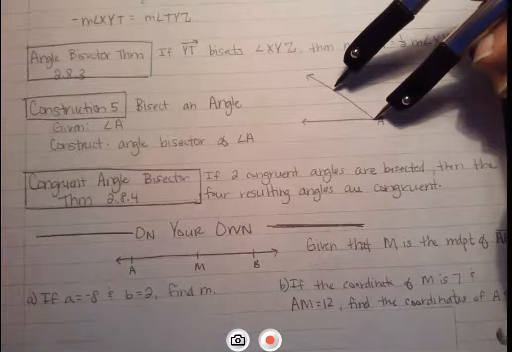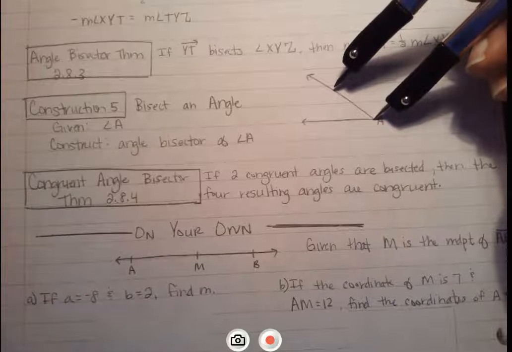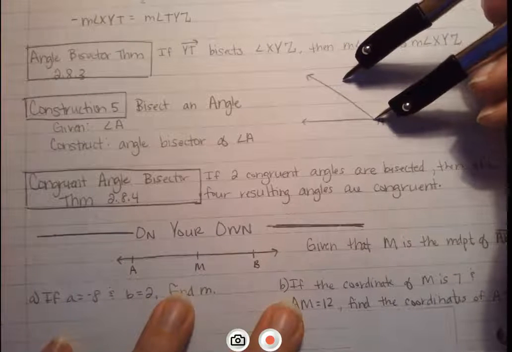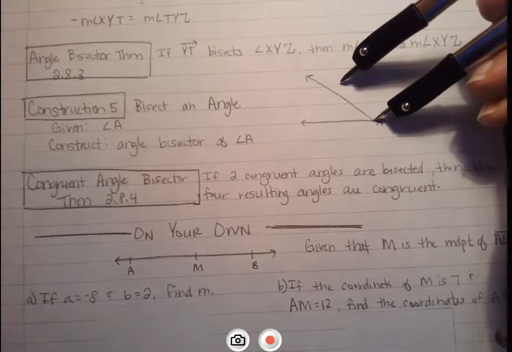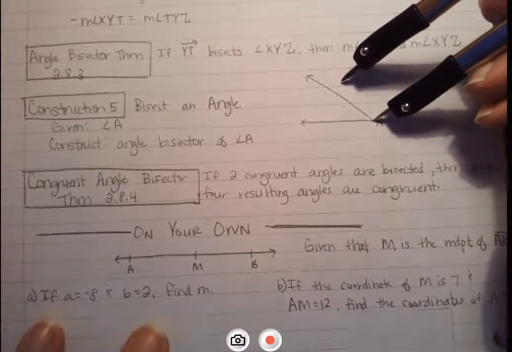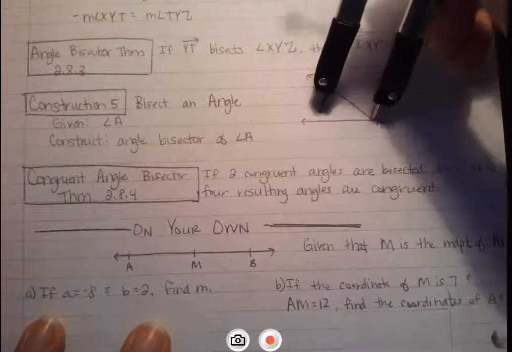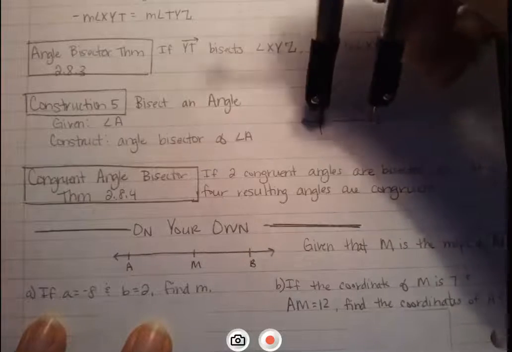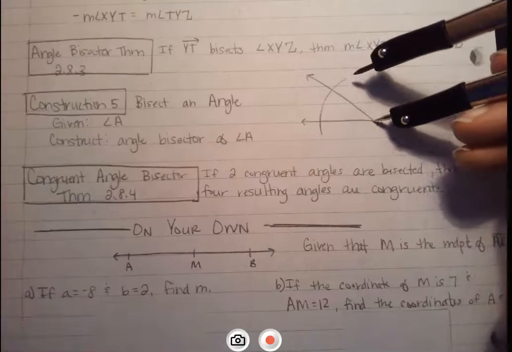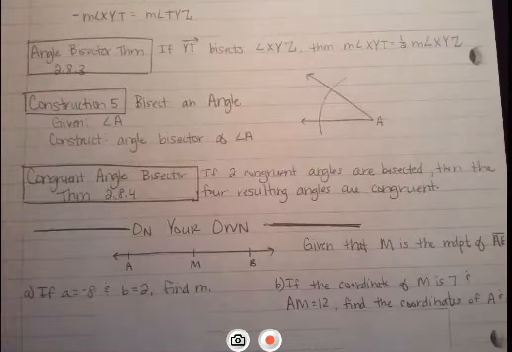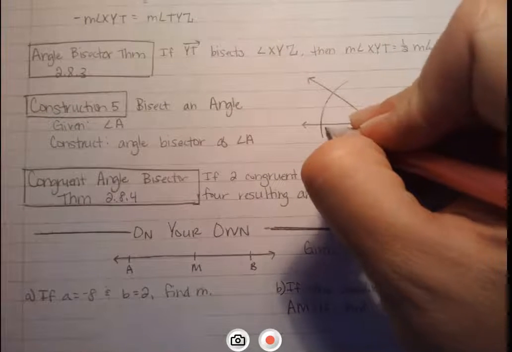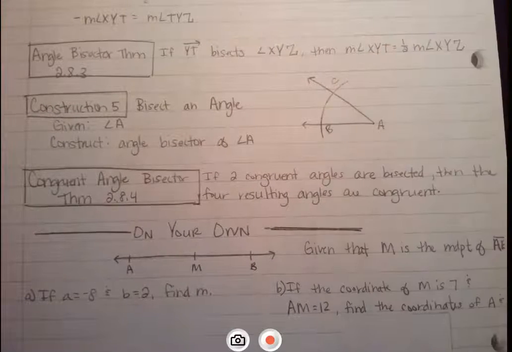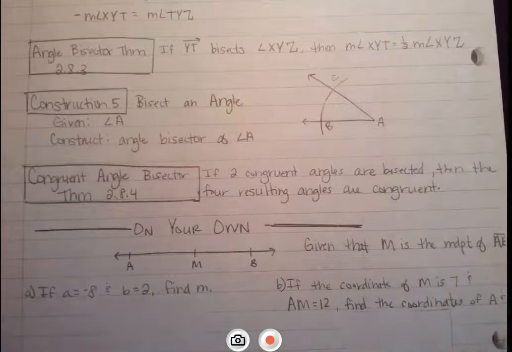Sorry, wrong side. Okay, so you want to draw an arc. It doesn't matter where, just across both of those lines. Make sure it intersects both of those lines. So we have our arc, and we're going to label those B and C, so we can talk about them some more.